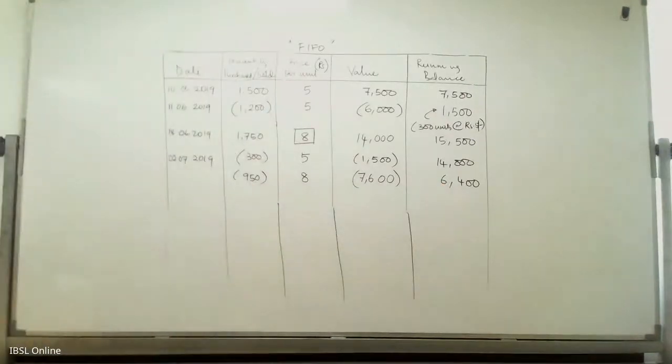Can somebody answer what this 6,400 is? Any idea what this 6,400 is?